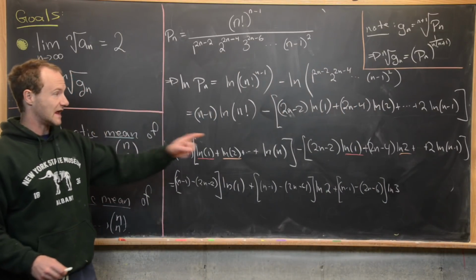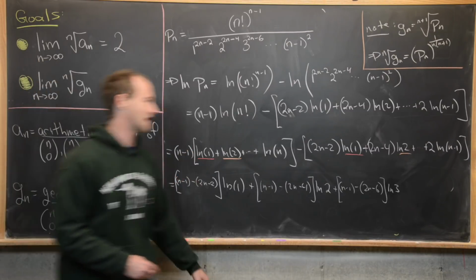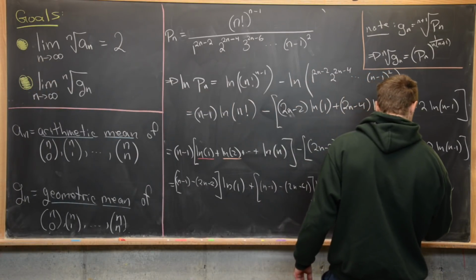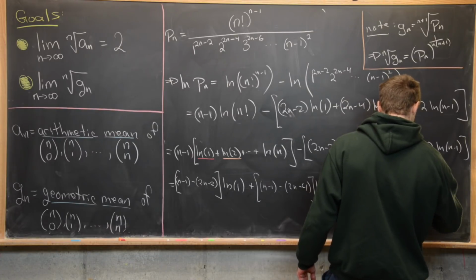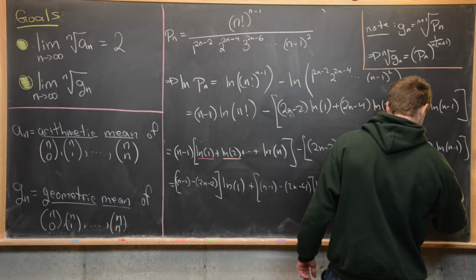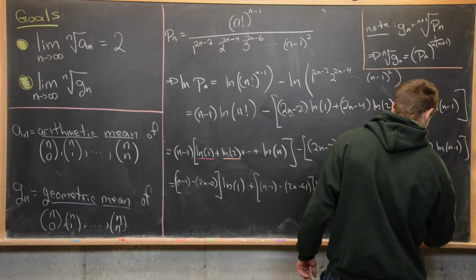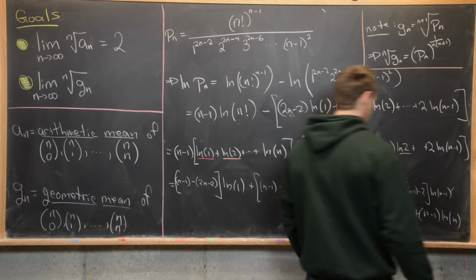And then let's see, for the natural log of n minus 1, we're going to have n minus 1 minus 2. So that's going to be plus n minus 1 minus 2 times the natural log of n minus 1. And then finally, plus n minus 1 times the natural log of n.